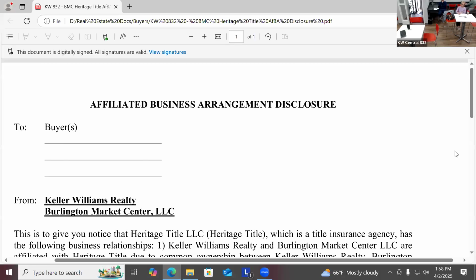The reason this is a RESPA required form is because Keller Williams Central has ownership in Heritage Title. And we have to disclose anytime we have ownership in Heritage Title.